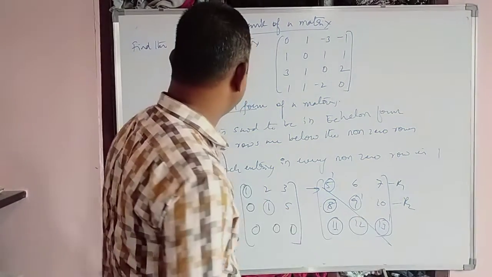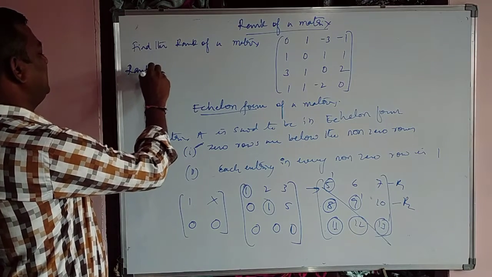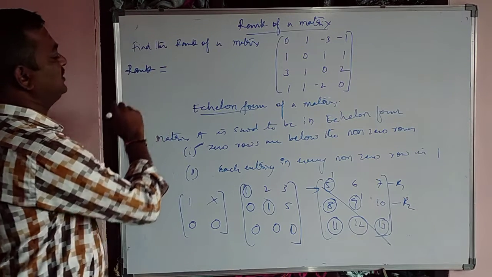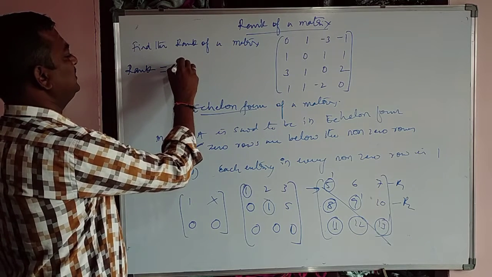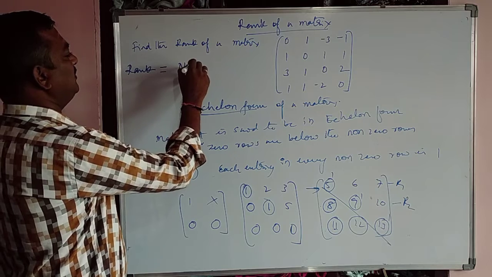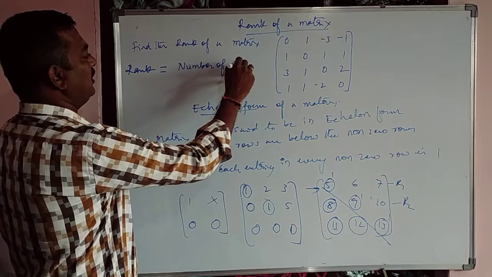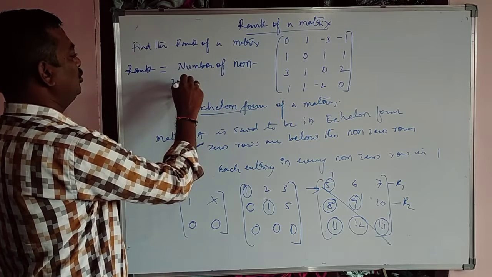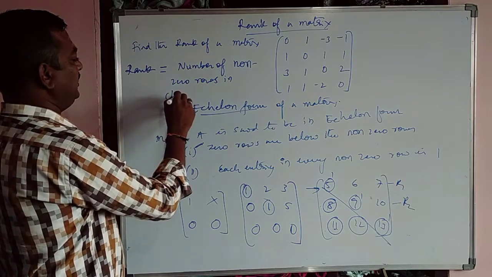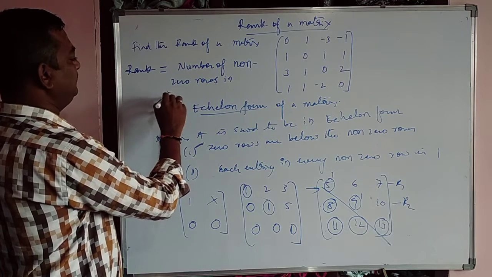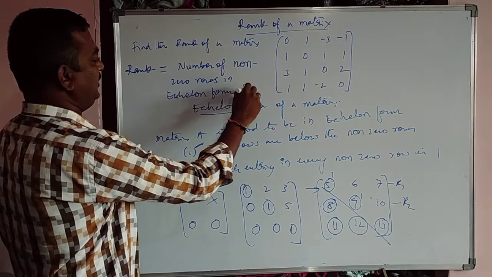This should be remembered compulsorily. So after knowing the echelon form, what is the rank? Rank is very simple, students. So the rank of a matrix is the number of non-zero rows in the echelon form of a matrix.